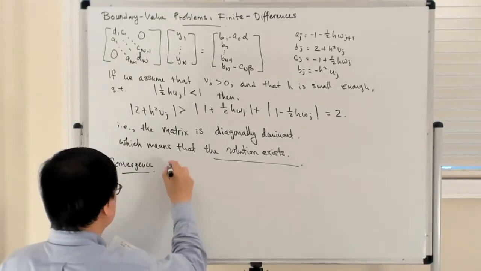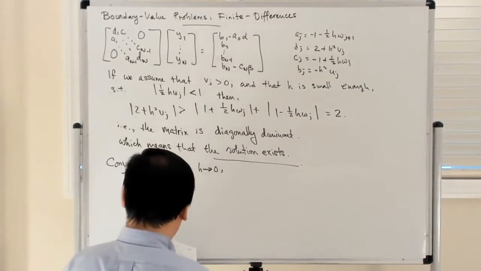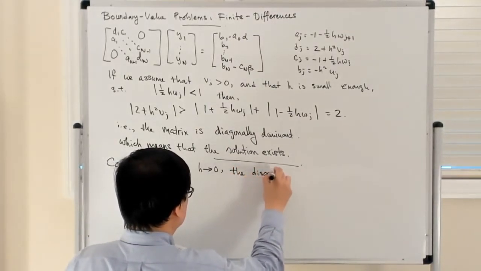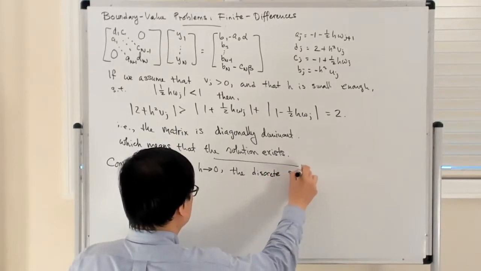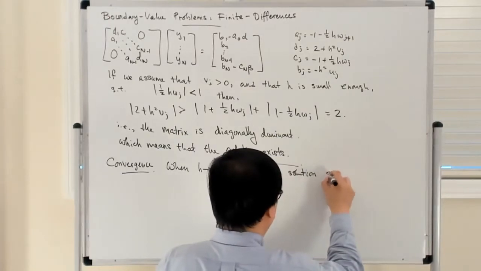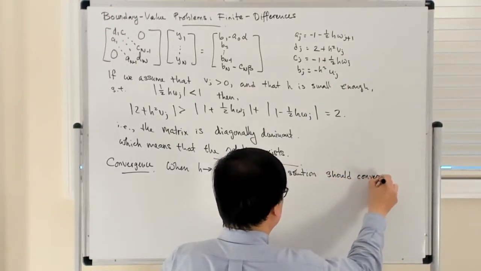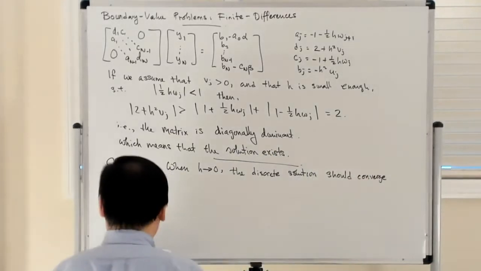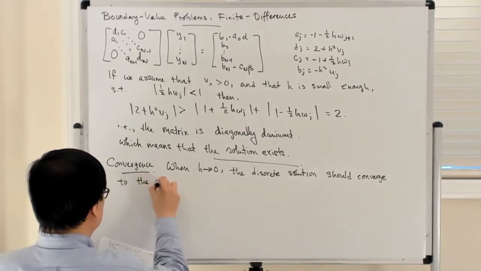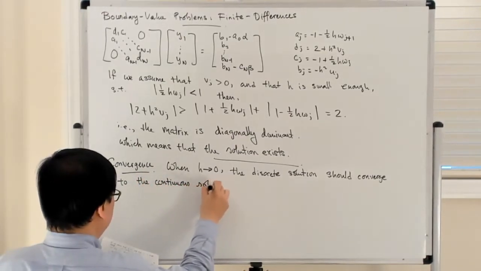So when h goes to 0, the discrete solution should converge, in a pointwise sense, to the continuous solution of the boundary value problem.